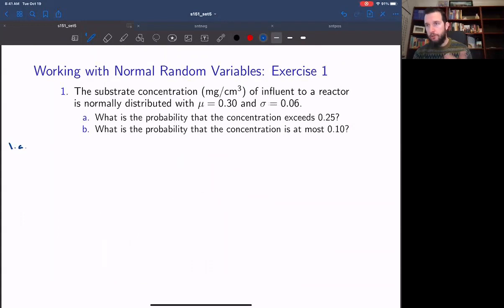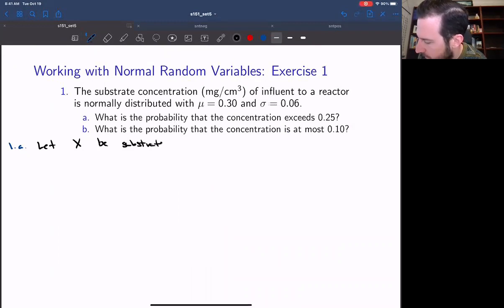All right, so exercises related to this problem. The substrate concentration of influent to a reactor is normally distributed with mu equals 0.3 and sigma equals 0.6. Okay, so what we're doing here is we're basically saying let X be substrate concentration.